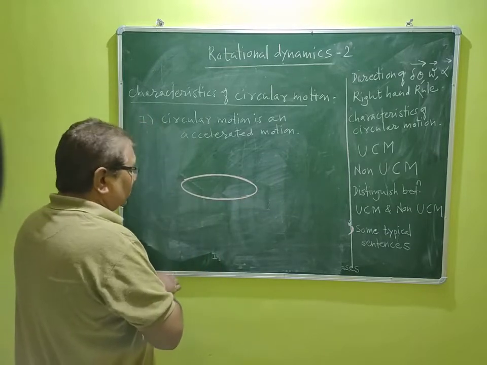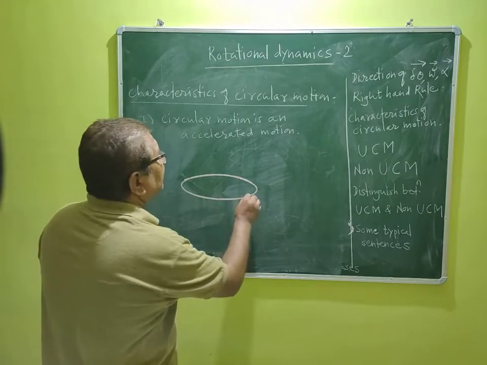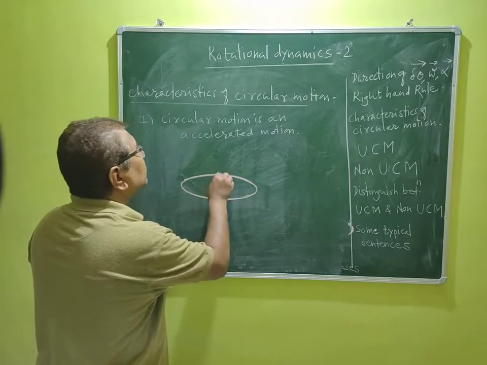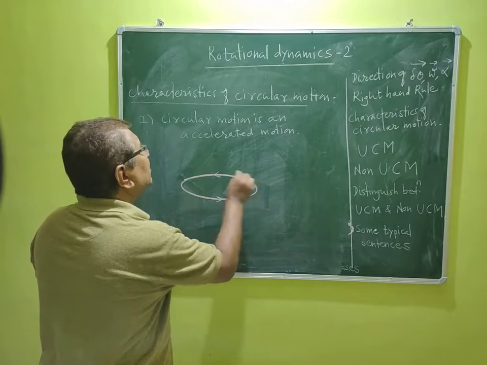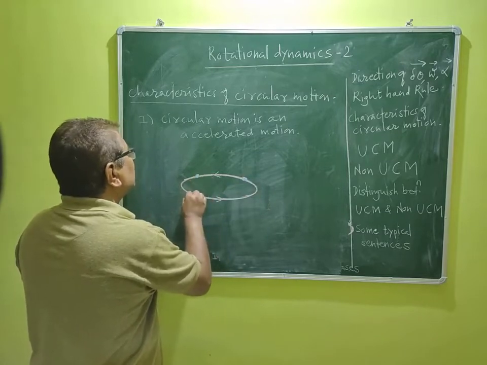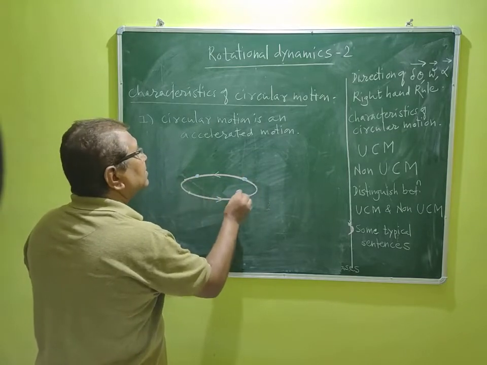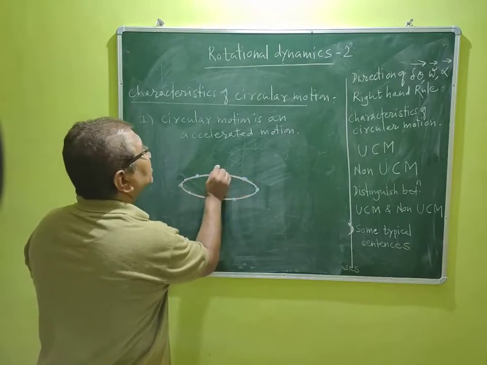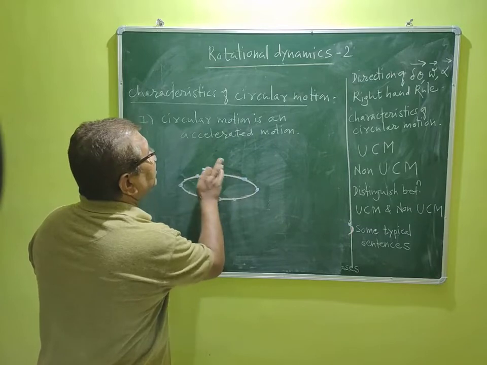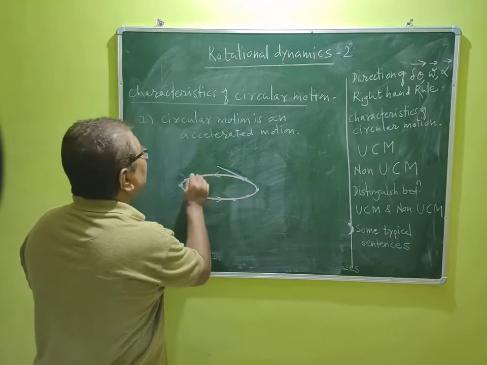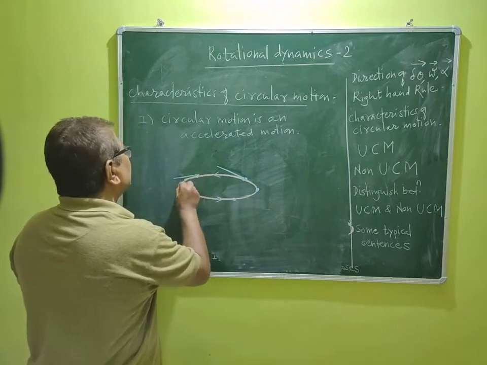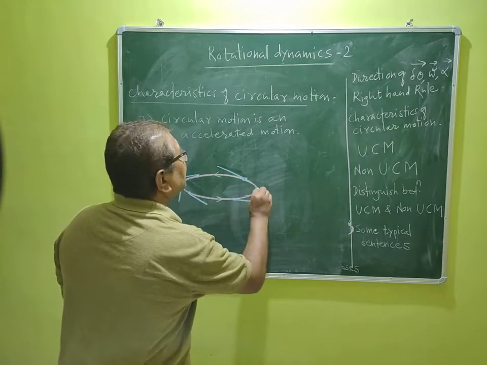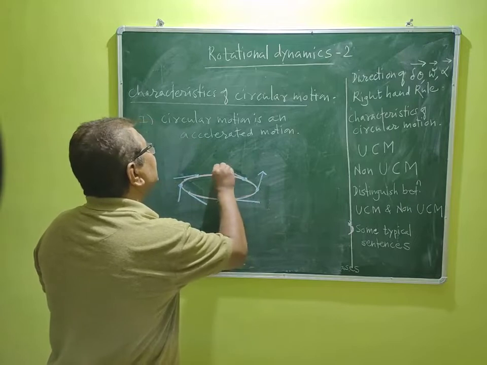And the motion of the particle is anti-clockwise, then suppose these are the positions of a particle like this. For every position draw tangent lines like this. Draw a tangent, draw a tangent, draw a tangent like this. These are the tangents.